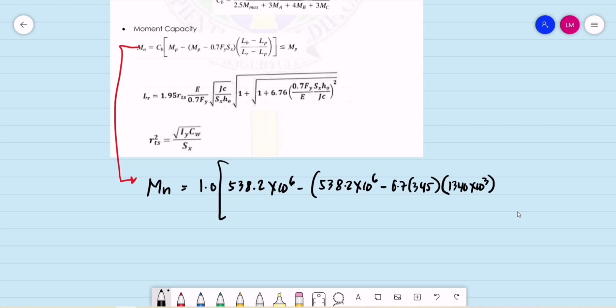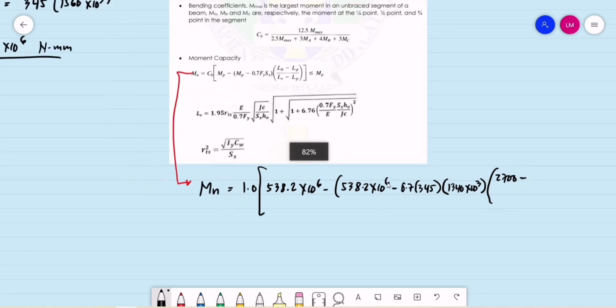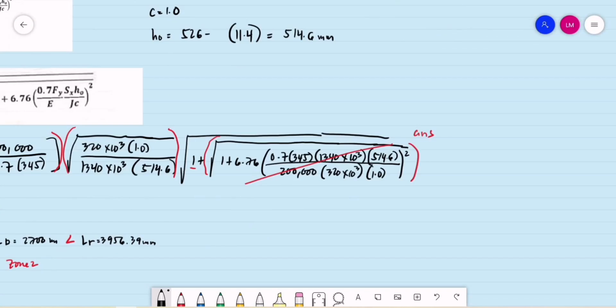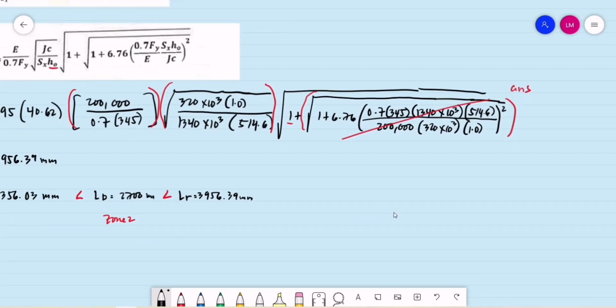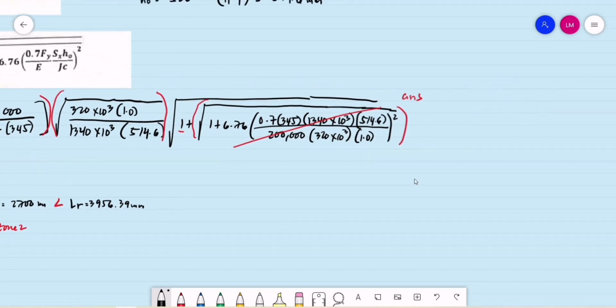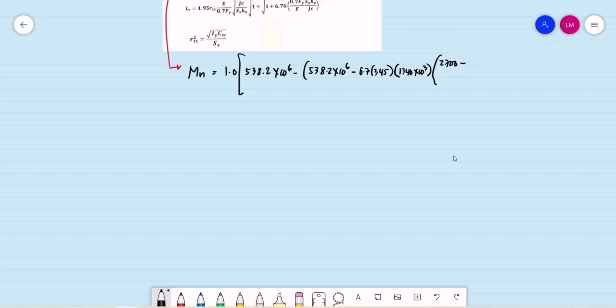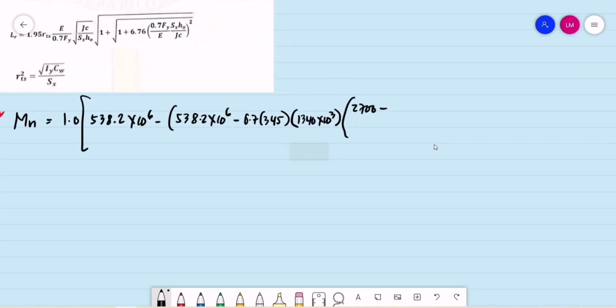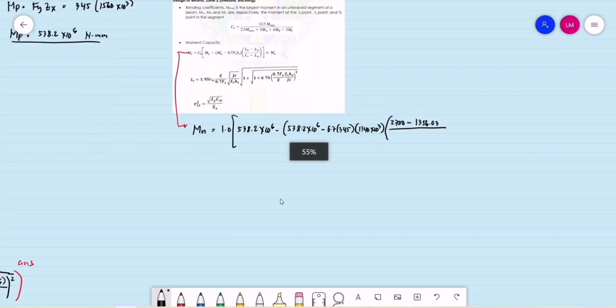And then this value is to be multiplied by L sub B minus L sub P. We have 2,700 millimeters minus L sub P, which is 1,356.03. Then to be divided by L sub R. What is our L sub R?